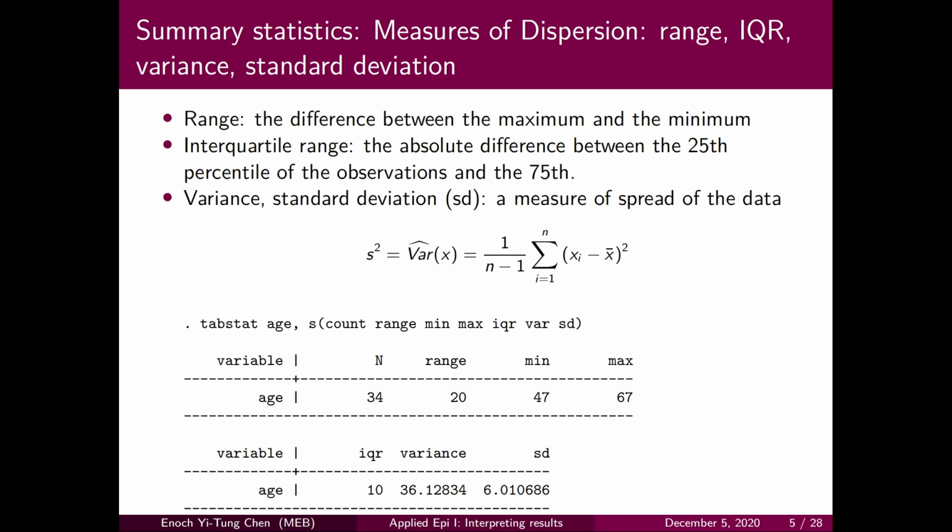So in Stata, still the same, using tabstat and specify what you want to know about the dispersion of the data. It is easy for sure, whereas knowing the central tendency and dispersion will pretty much give you a big picture of the data that you're looking into. So you will know the distribution of the variable.